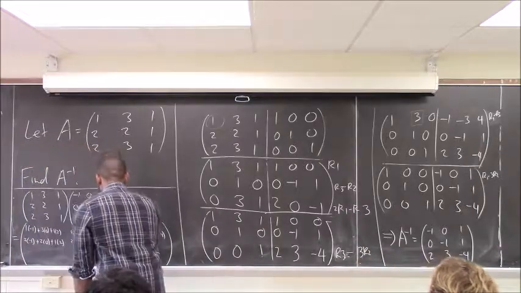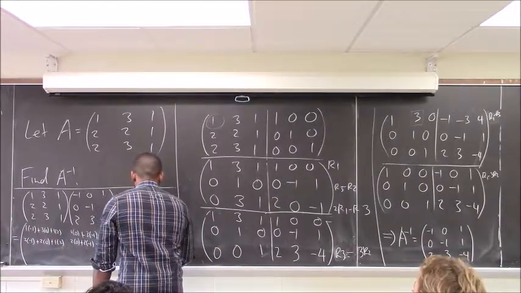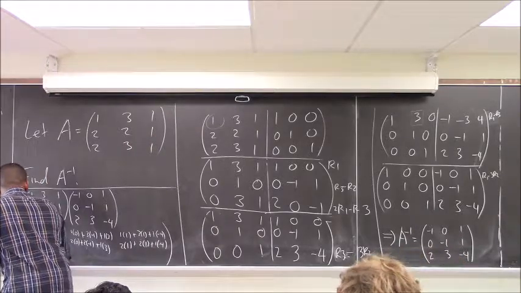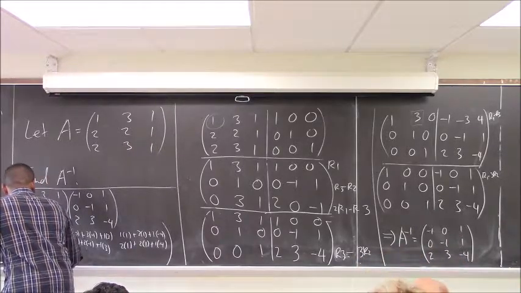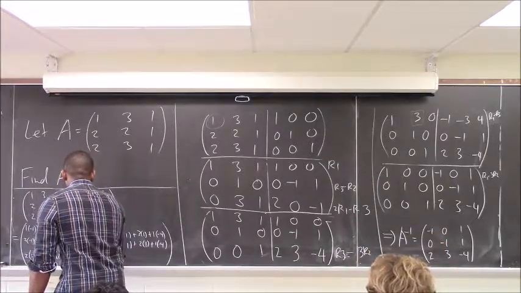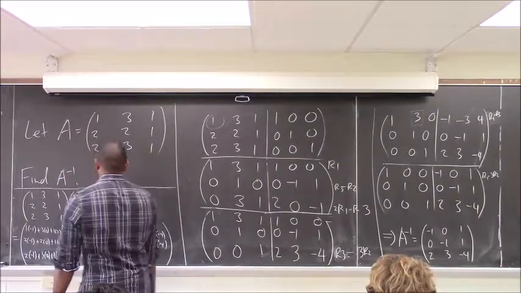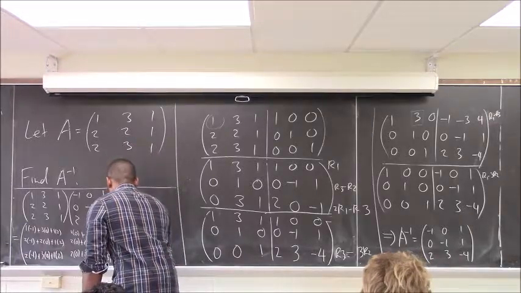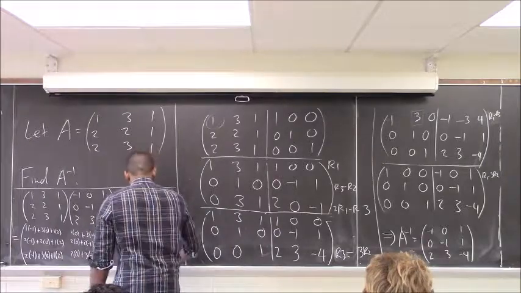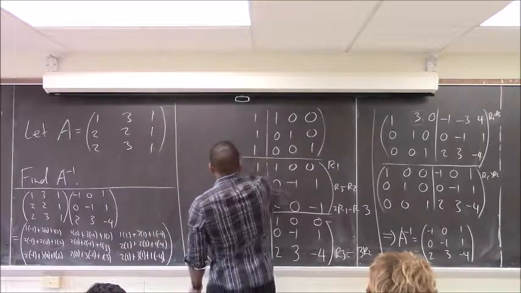Then 2 times 1 plus 2 times 1 plus 1 times minus 4. Then 2 times minus 1 plus 3 times 0 plus 1 times 2. 2 times 0 plus 3 times minus 1 plus 1 times 3. Then 2 times 1 plus 3 times 1 plus 1 times minus 4. And let's simplify that over here.